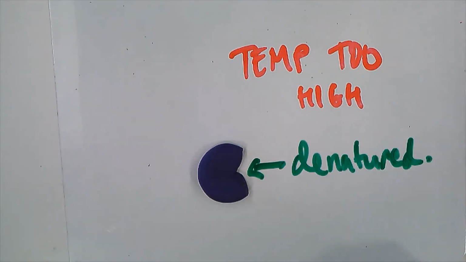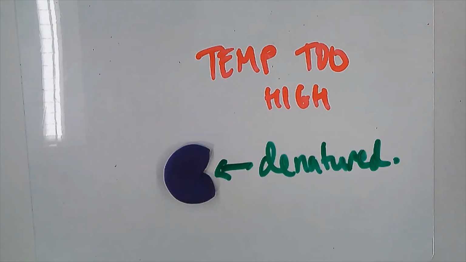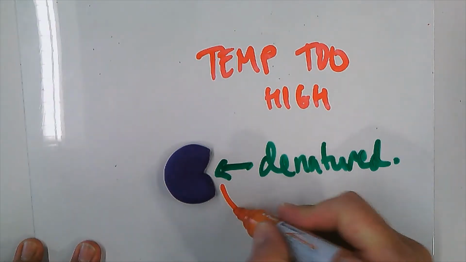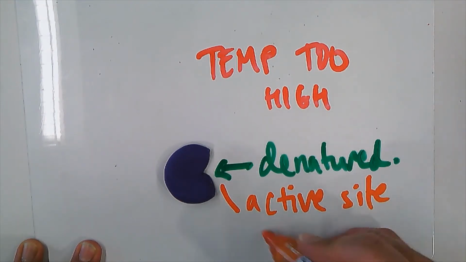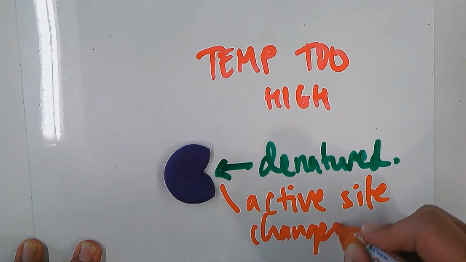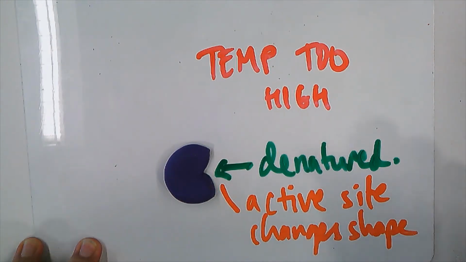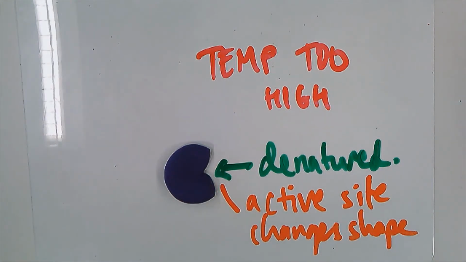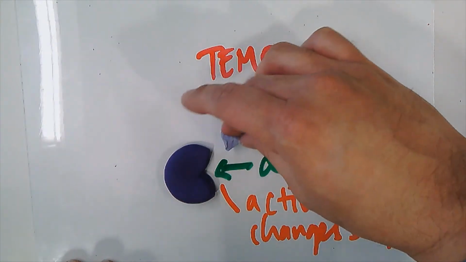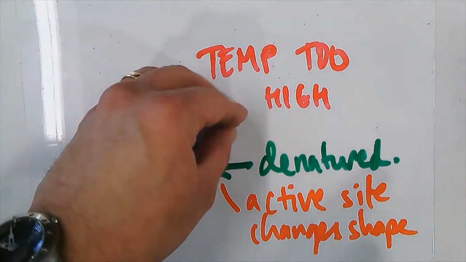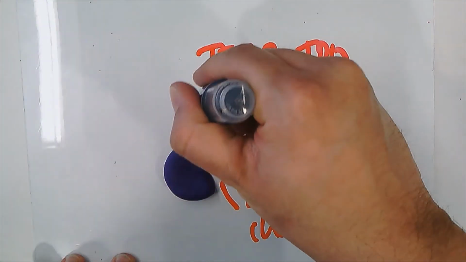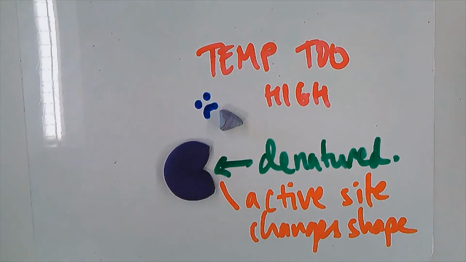As you can see, when an enzyme becomes denatured, the active site changes shape. When the active site changes shape, the substrate can no longer fit. Sad substrate. This is now a sad substrate.